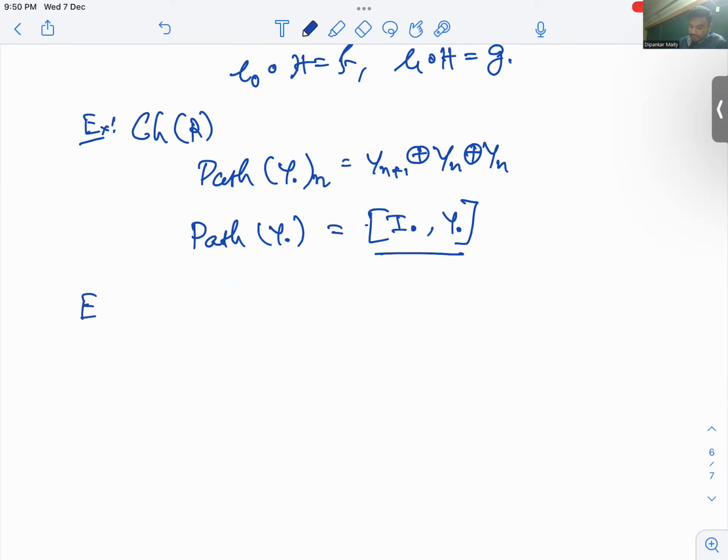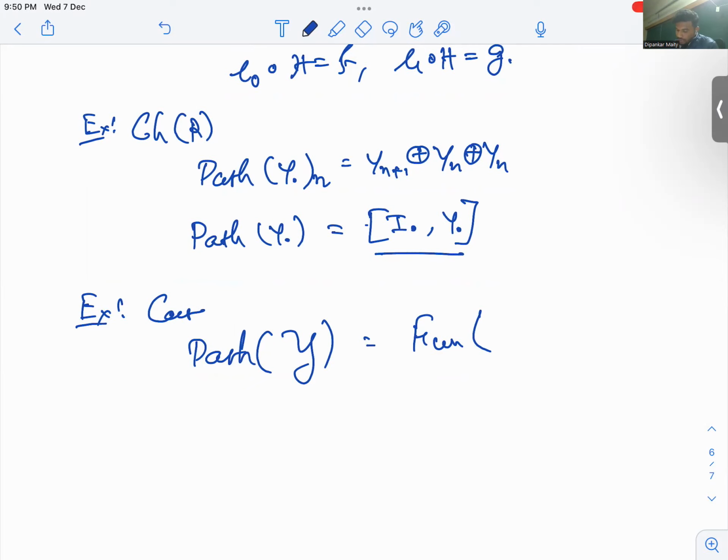And how about the category of categories? Well, the path structure on a category Y is the category of functors and natural transformations from J to Y. And you can check that maps are homotopy equivalences if and only if they are homotopy equivalences along this path structure.